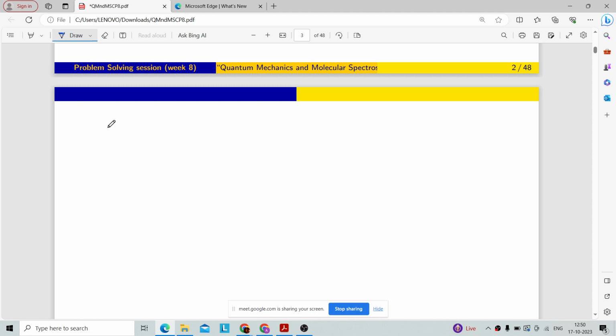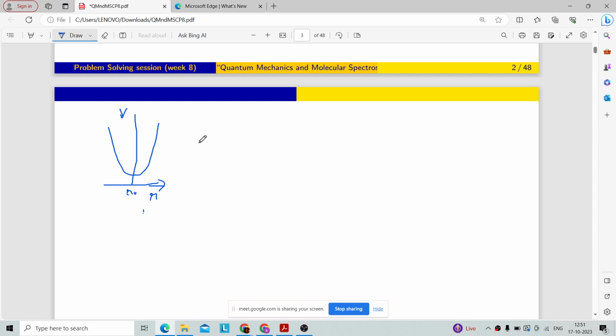So the potential will be like a parabola, right? This is the potential in terms of R, and this is R naught.